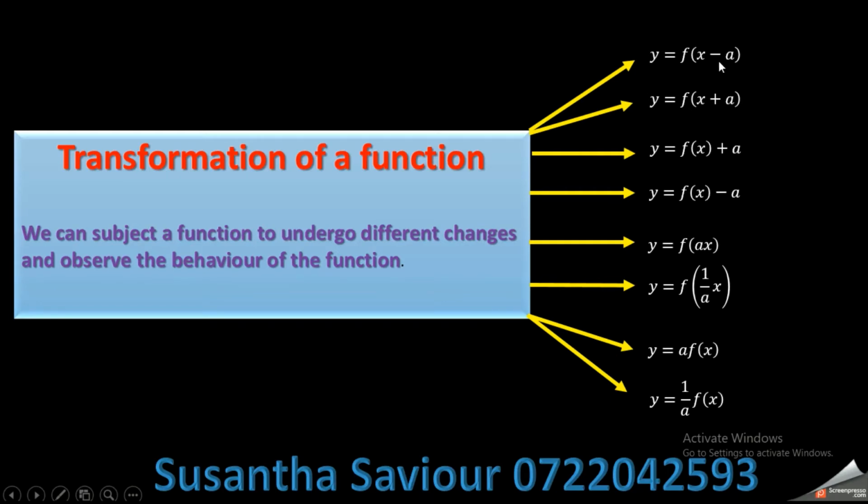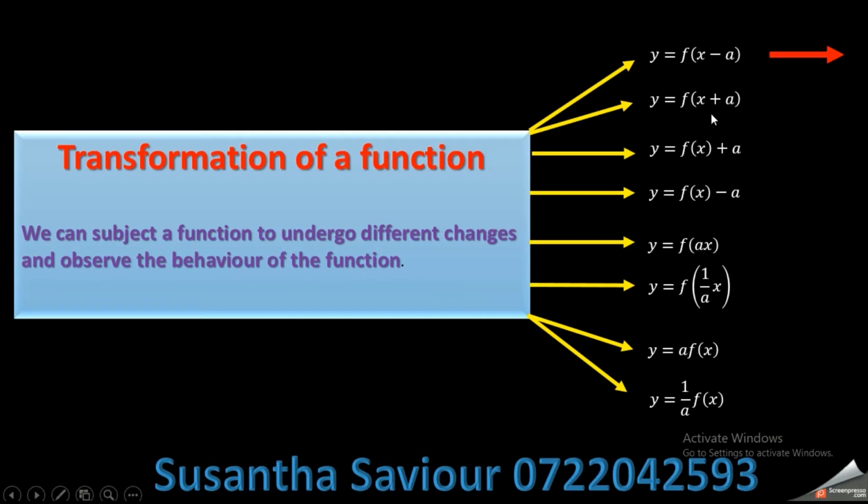In this transformation f of x minus a, what happens is it moves the graph along the positive x direction by a points, y coordinates will be same.